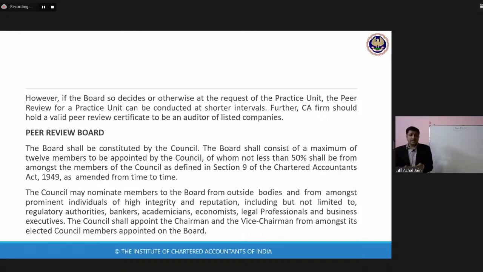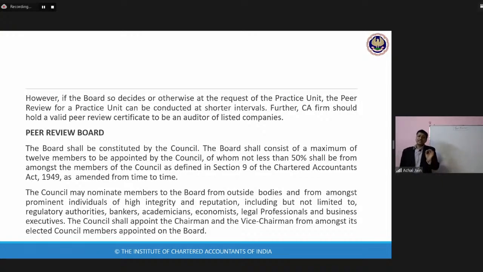Now let's understand the requirements related to the meetings of the members of the peer review board. No business shall be transacted at any meeting of the peer review board unless there are present at least 1/3 members of the board, but not less than 3 members, including the chairman, or in his absence, the vice chairman.